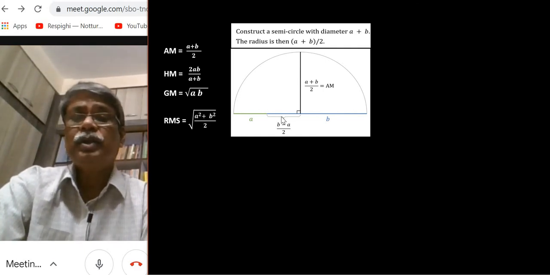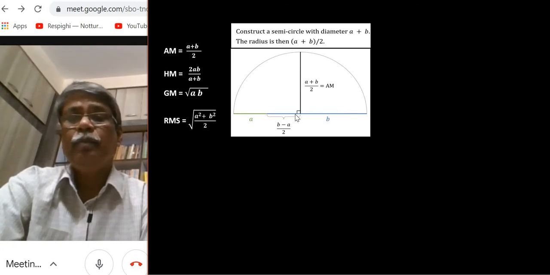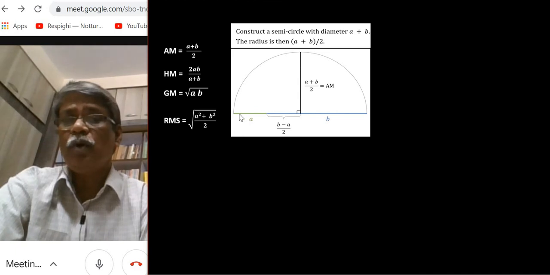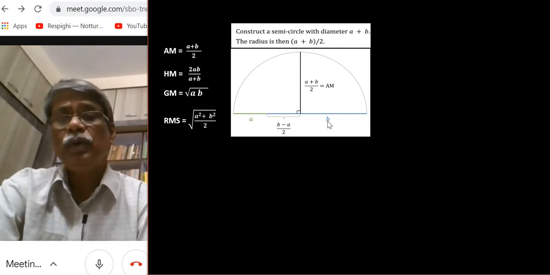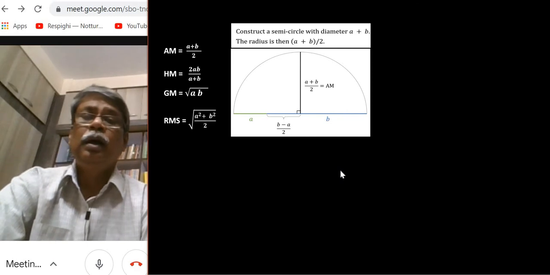Now this particular length you can easily calculate, because this whole length is a plus b by 2 and this small portion is a. So if you subtract a from this whole length of a plus b by 2, you will get this particular specific length, and that you can check, it is b minus a by 2, where of course we have taken b greater than a.